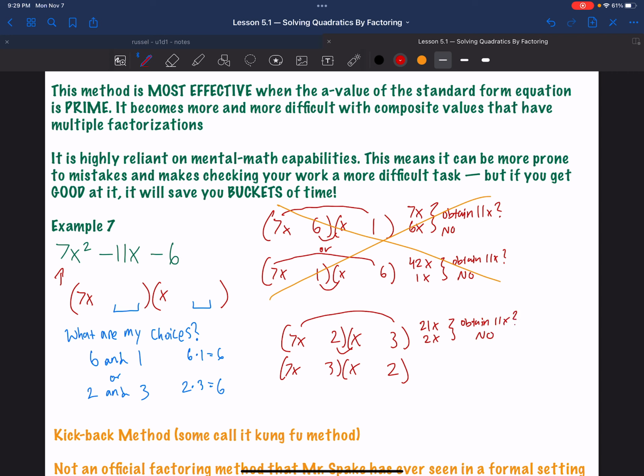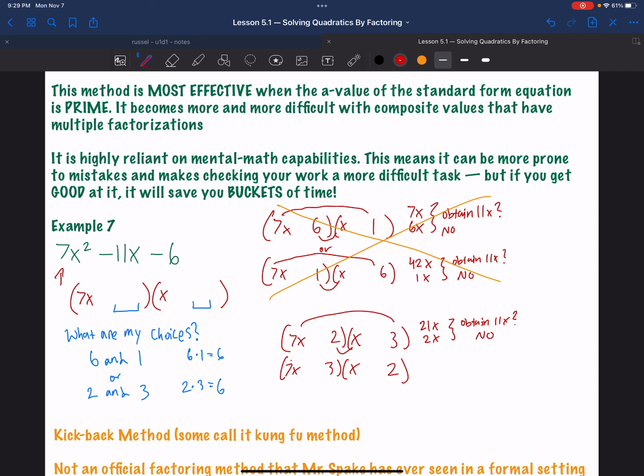No, it can't. When I'm saying obtain 11x, I'm thinking if you add those, right? Add or subtract. Like 7 plus 6 is going to be 13. It's not going to be 11. And I don't even really care about signs that much right now. I'm just thinking about the quantities themselves.